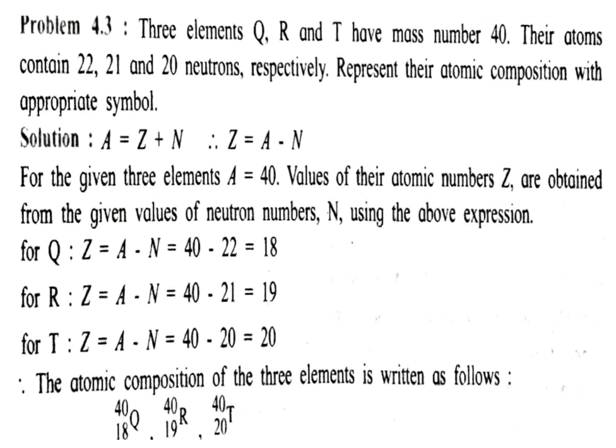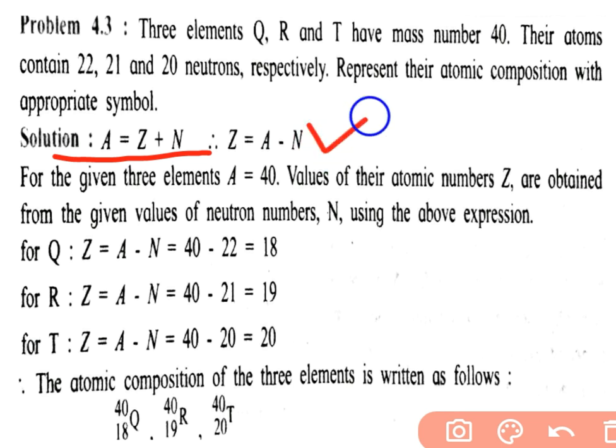So for this we have to calculate atomic number by using the formula Z is equal to A minus N. See here, A is equal to Z plus N. So by rearranging this formula you will get the new formula for Z, that is A minus N. By putting the values of A and N for the 3 elements you will get the answer of Z for the 3 elements.